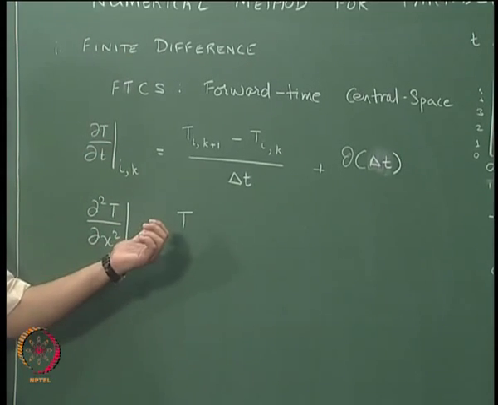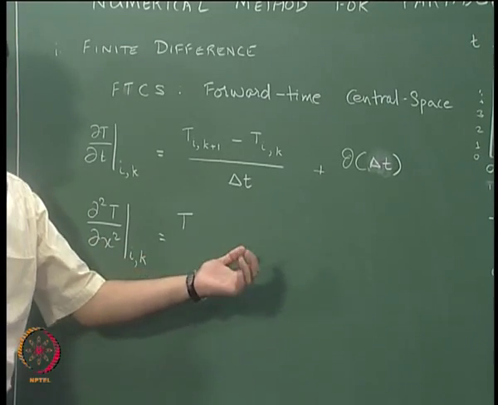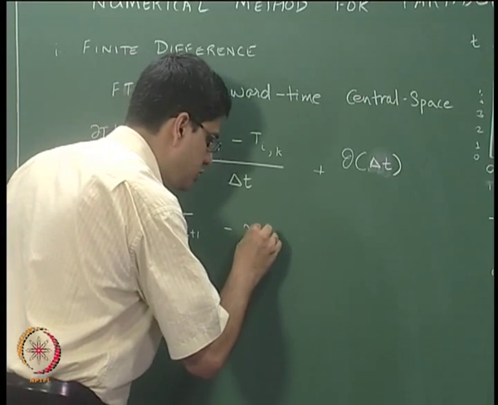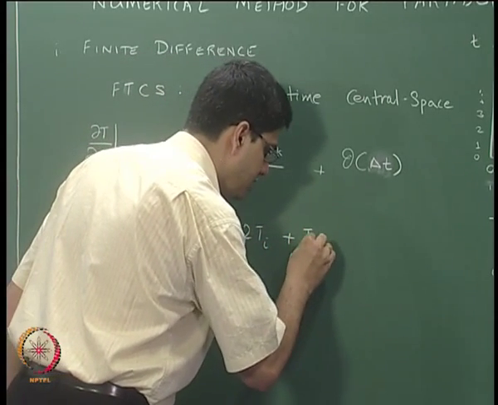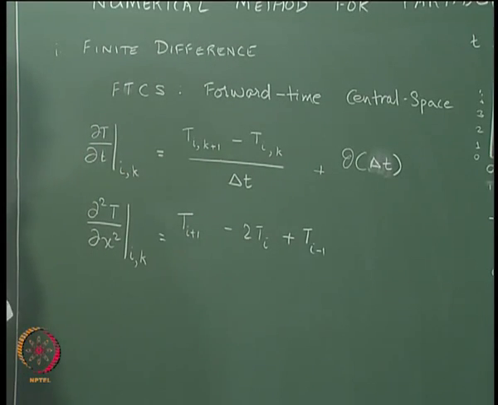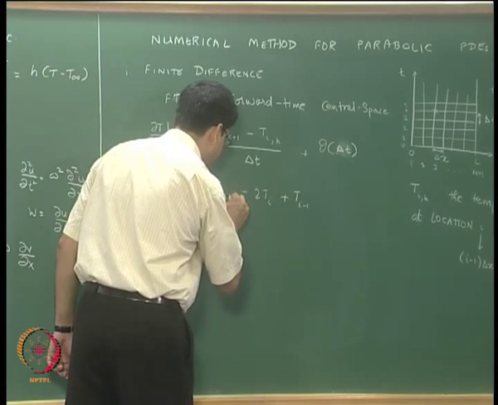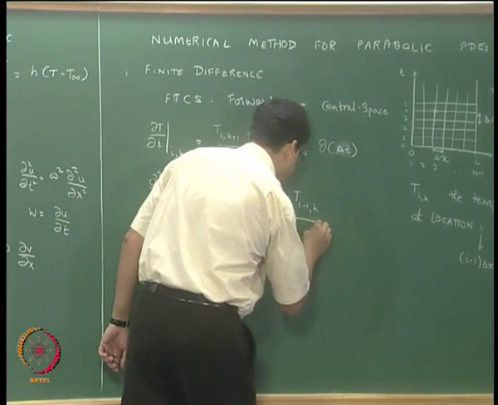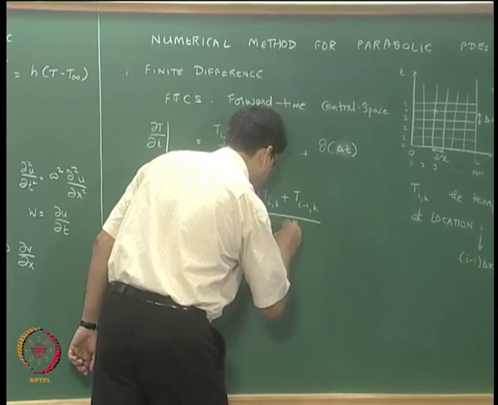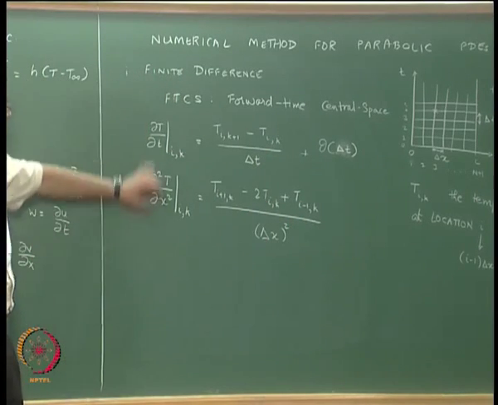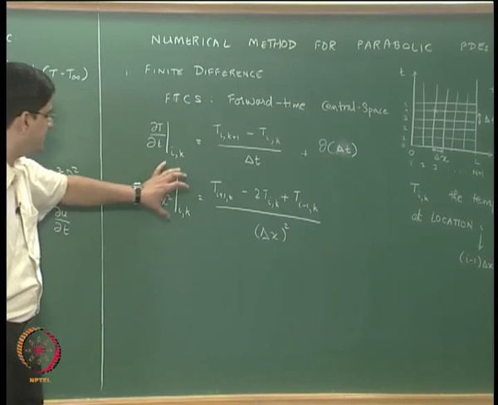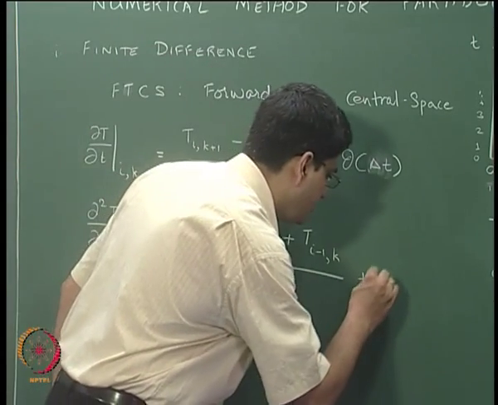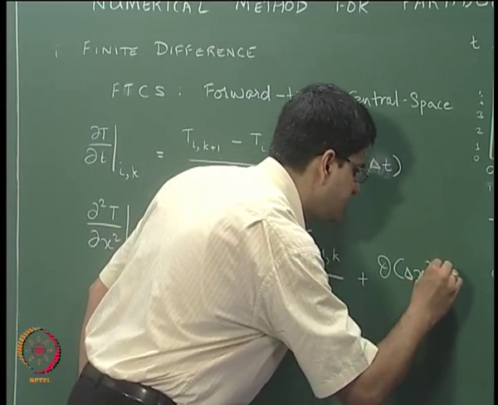So it is T(I+1) minus 2 T(I) plus T(I-1), each of them computed at time t equal to k, divided by delta x squared. Okay. So we have this expression for partial T by partial t and this expression for partial squared T by partial x squared. We substitute this, and this is going to be of the order of delta x squared accurate.